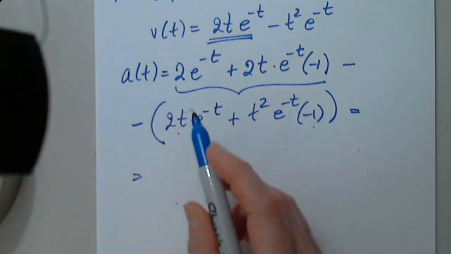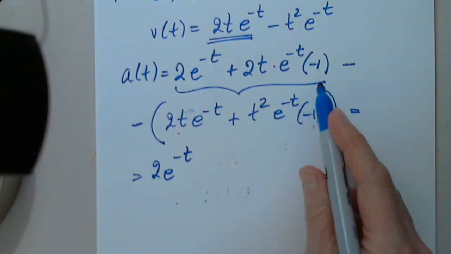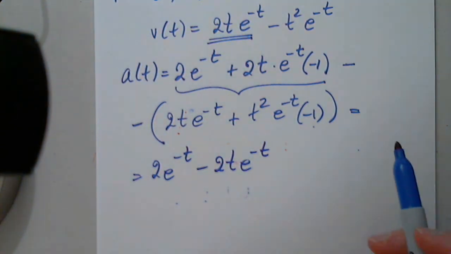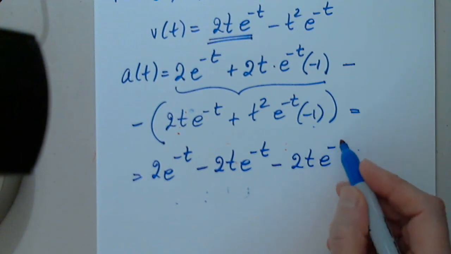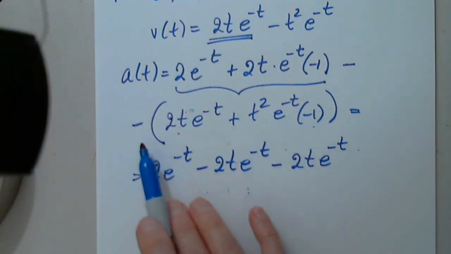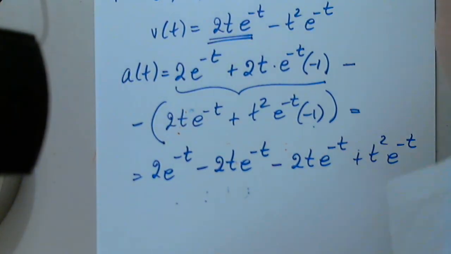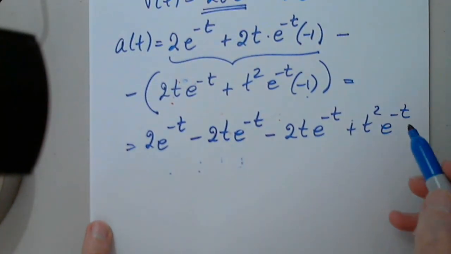Okay, then 2e to negative t minus 2t e to negative t minus 2t e to negative t, but plus t squared e to negative t. What a function.